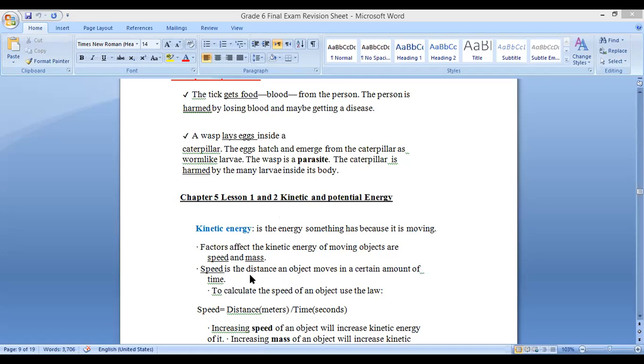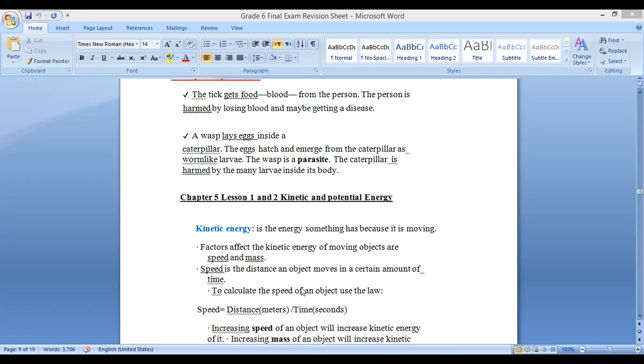So we said speed. What is the speed? Speed is the distance an object moves in a certain amount of time. When I want to measure your speed, I have to depend on two factors at the same time: the distance you move in a certain time.